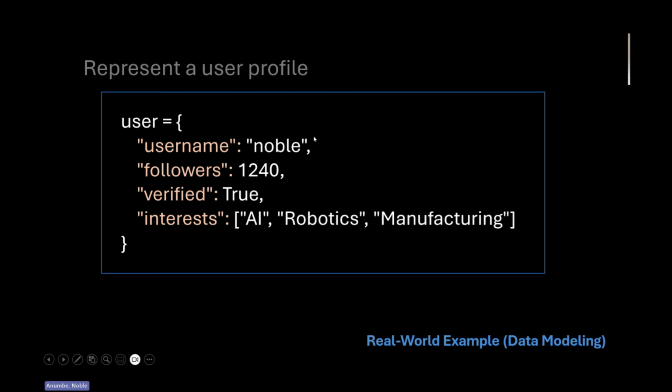Followers 1240, verified true, and then interests: AI, robots, and manufacturing. So this is a real world example of data modeling using dictionaries.